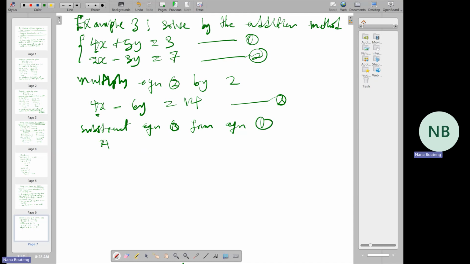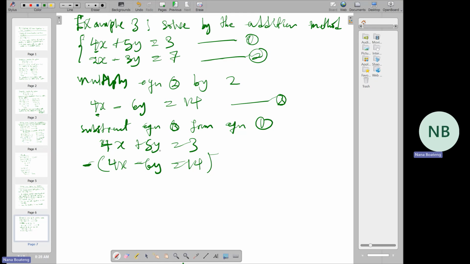Equation 1 is 4x plus 5y is equal to 3, and equation 3 is 4x minus 6y is equal to 14. Subtracting, 4x minus 4x means the x term goes to 0.